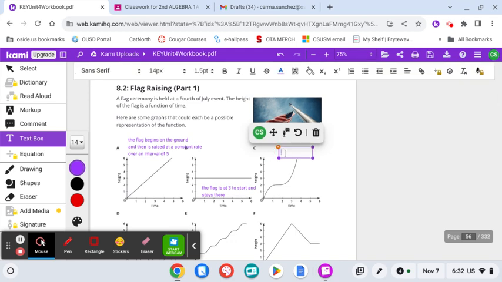For this one, the flag starts on the ground, is raised up to 2, then pauses for a bit, and then continues to be raised.